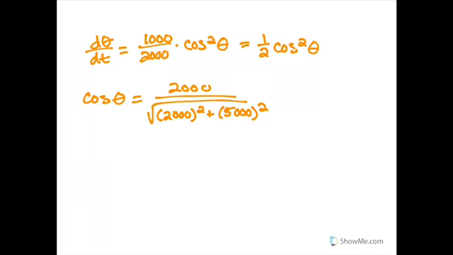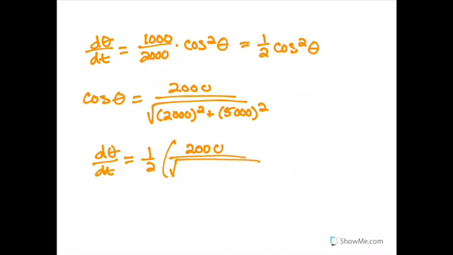And I need to square it to plug it into my formula. So my d theta dt is 1/2 times 2,000 over the square root of all of that, squared. And believe it or not, that actually comes out to be a rational number.